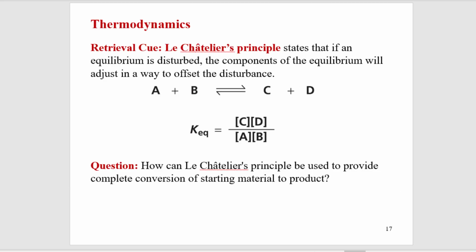Okay, so another thing that is going to come in handy that I want you to remember from your Gen Chem days is Le Chatelier's principle. When you're working in equilibrium and you have starting materials and products, I want you to remember what you can do to favor or shift the equilibrium from one side to the other.